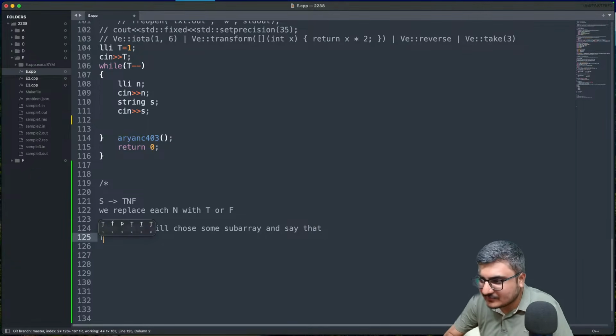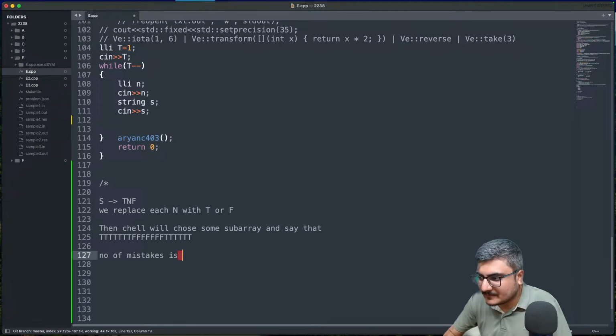Like initially you have T, then the chosen parts are F, and then the remaining parts are again T. And number of mistakes is equal to places where our string S is different from what Sal's string says.